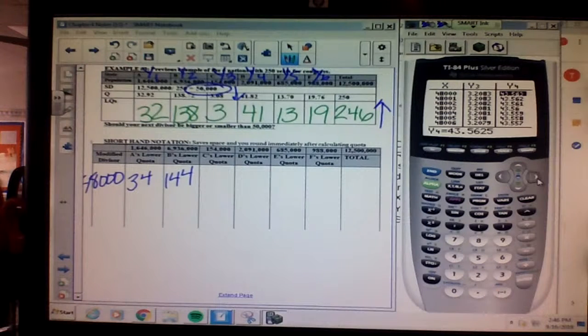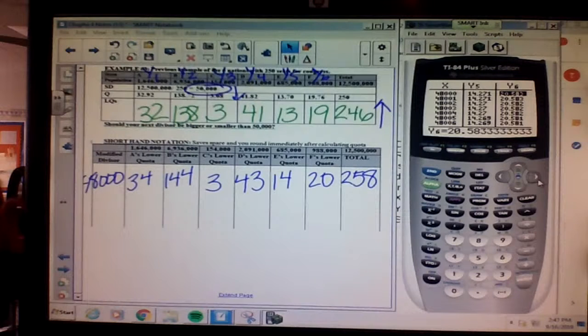So Y3 is at 3, 43, 14, and 20. So we went up by 1, 2, 3, 4, 8, 10. We went up by 12. Oh, that's not so bad. We're actually at 258. Down 8.